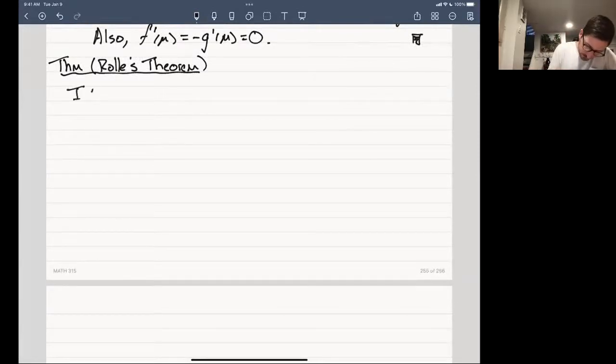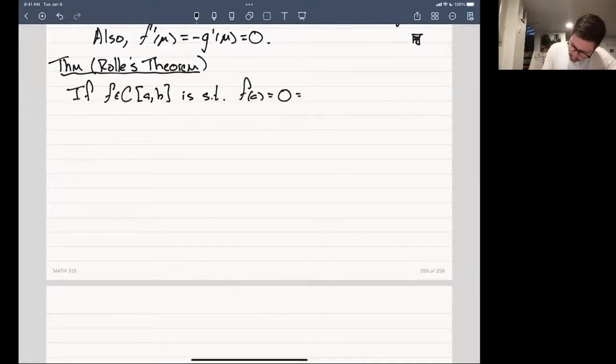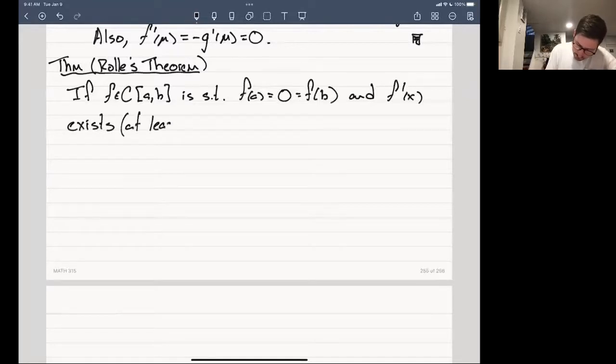It says, if f is a continuous function on a closed interval [a, b], and it's such that, well, at the endpoints of this thing, f is equal to 0, and f prime of x exists, at least, I'm going to put this in brackets, for all x in the open interval, so this would be the interior of that closed interval.